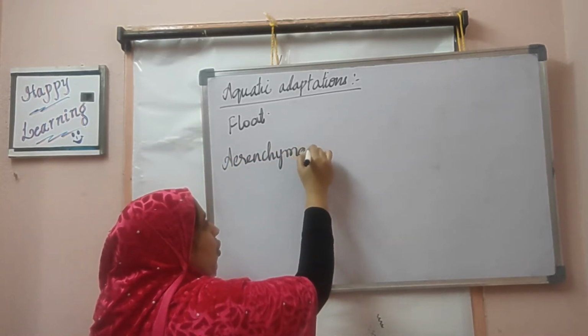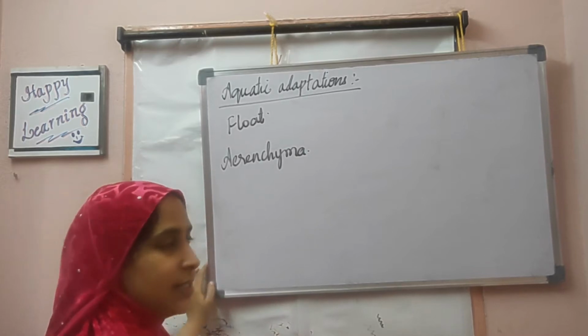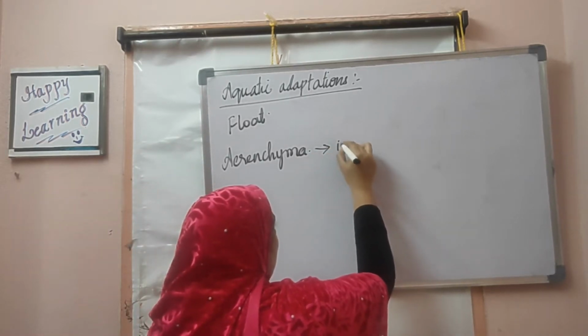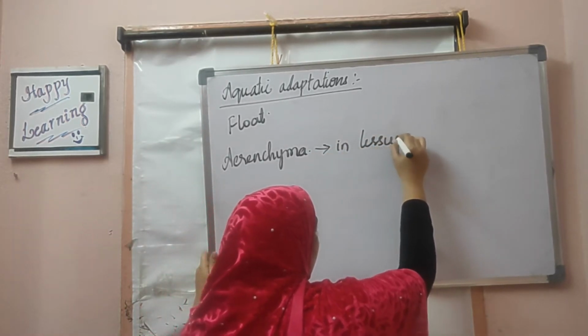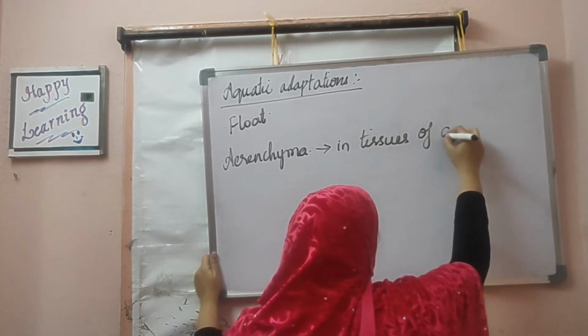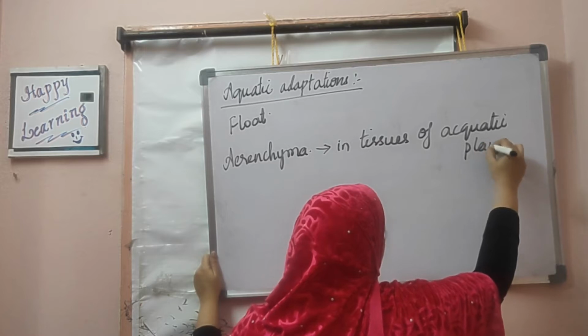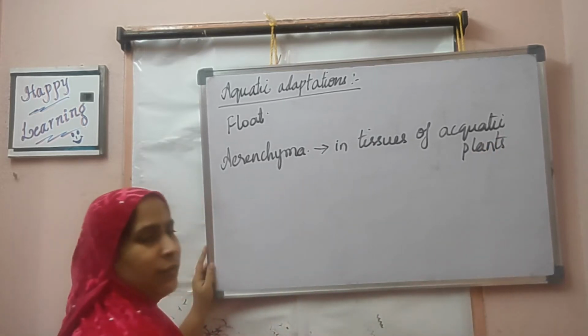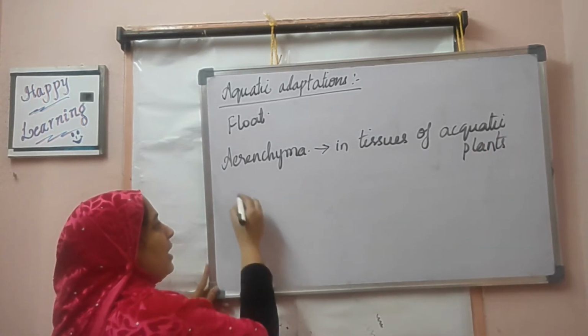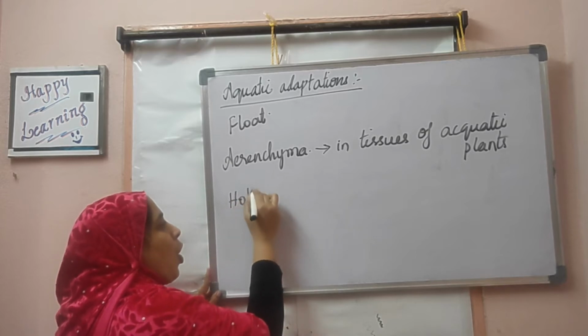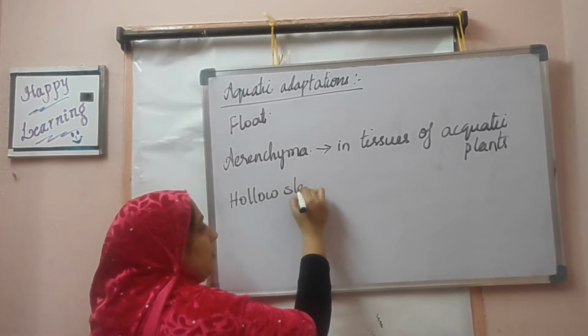Aerenchyma in the tissues of aquatic plants helps them to float. Apart from this, aquatic plants have hollow stems.